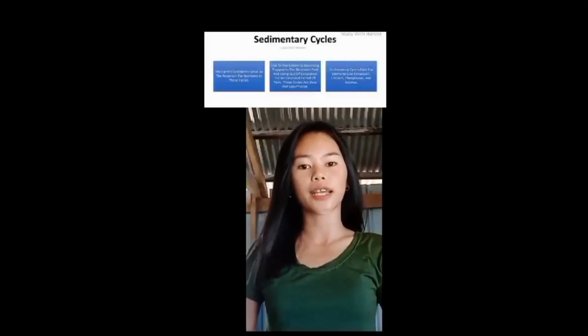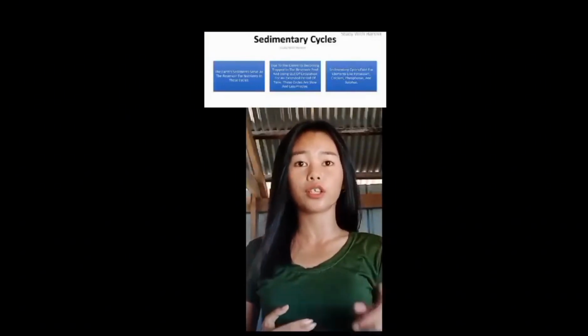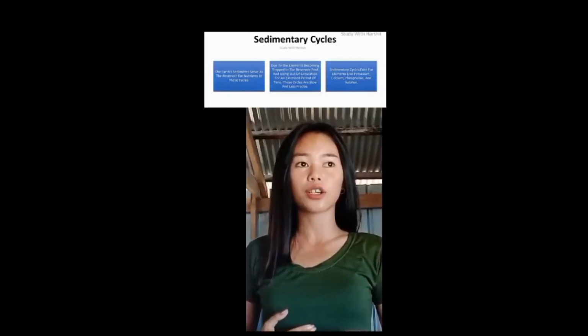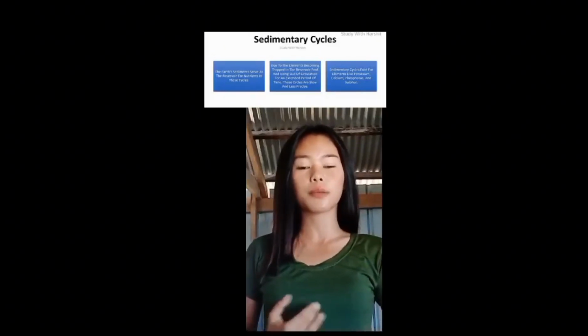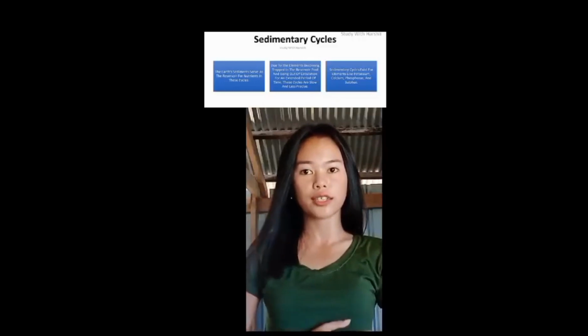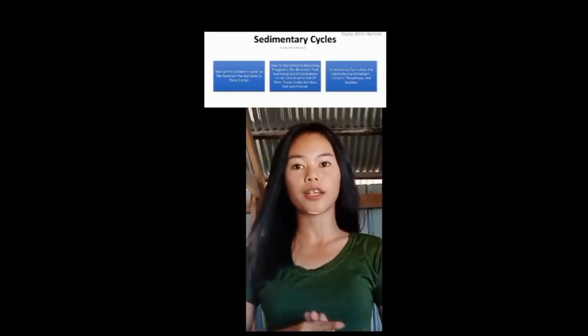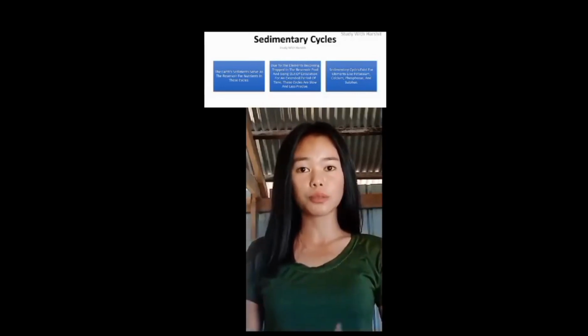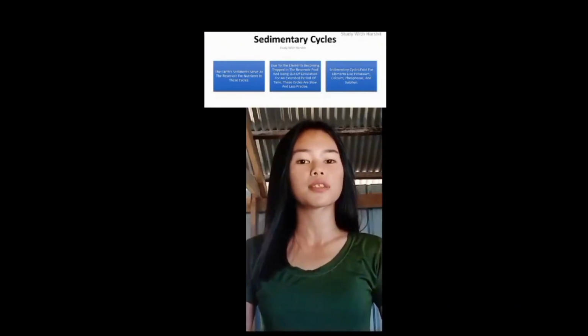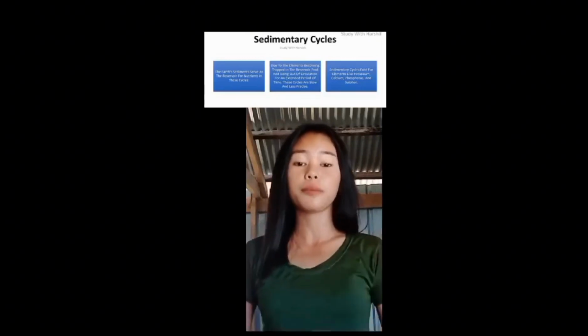Now, the sedimentary cycle. In the gaseous cycle, nutrients serve to the reservoir, and in the sedimentary cycle, the reservoir goes to nutrients. Potassium, calcium, phosphorus, and sulfur are the elements in the sedimentary cycle.